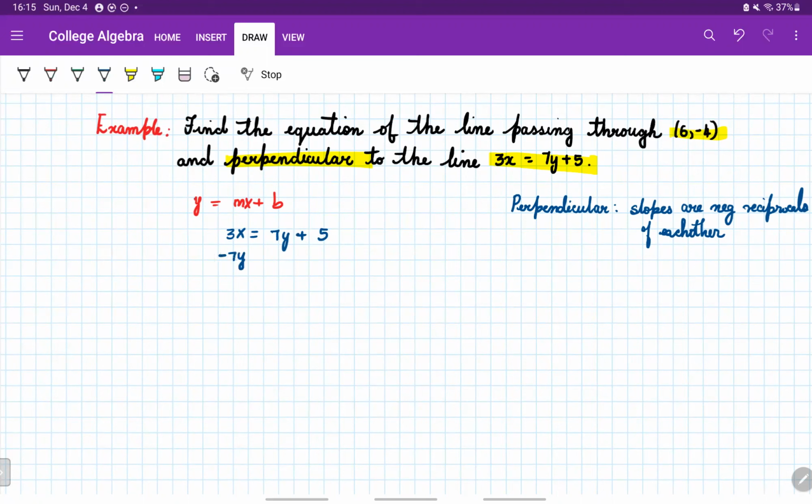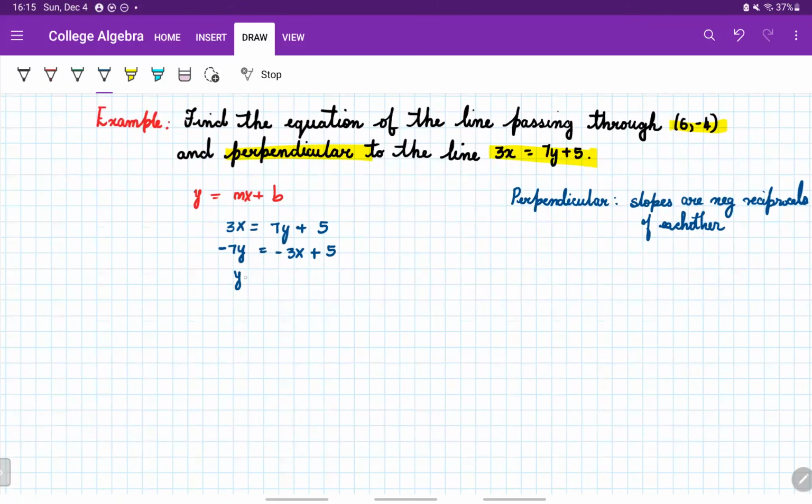So -7y = -3x + 5. Y = (-3x + 5) divided by -7, which gives us (-3/-7)x + 5/-7, which is 3/7 x - 5/7.